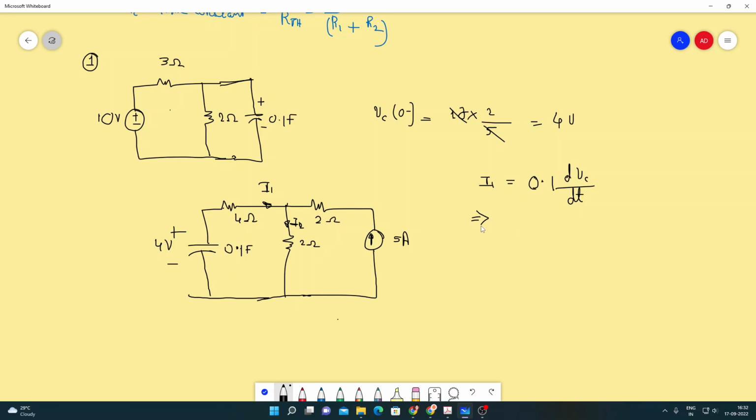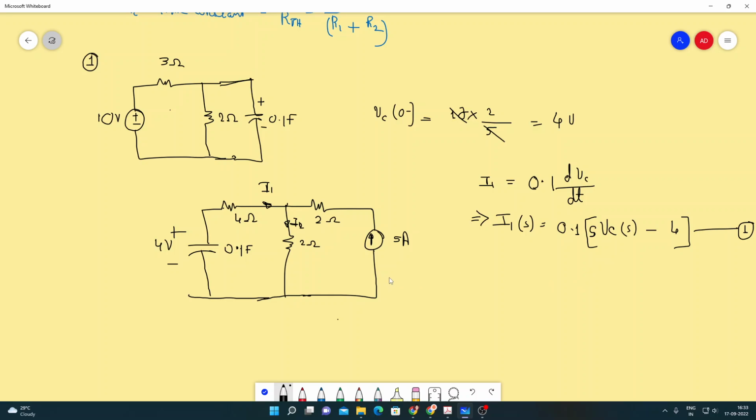So from here we get in Laplace domain I1(s) is 0.1 into s into Vc(s) minus 4. Right, so this is my one equation.